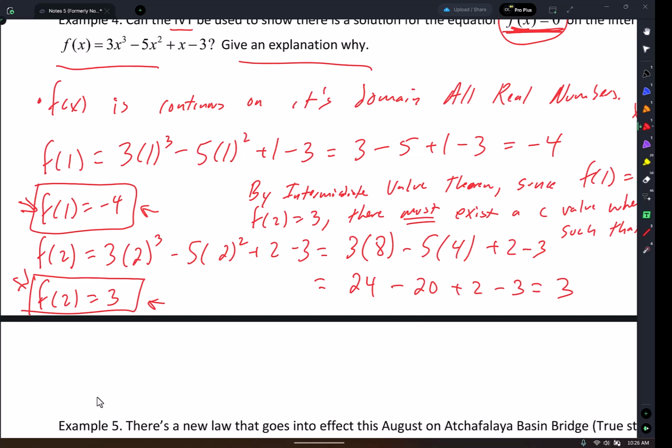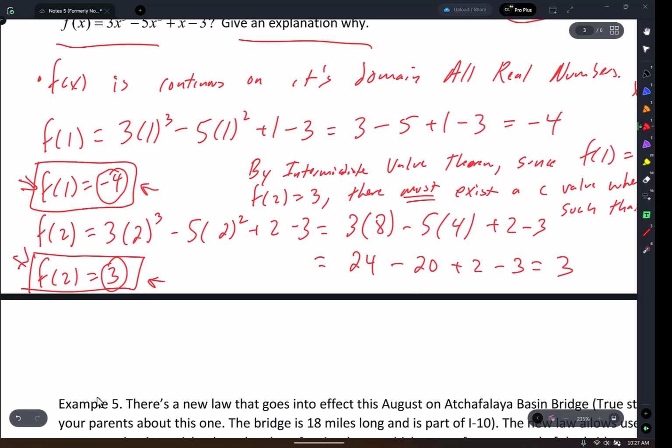Yes. What about f of x equals negative 1? Yes. What about f of x equals 2? Yes. What about f of x equals 5? No. Only the y values between negative 4 and 3. Maybe you hit 5, but we don't know that by this. Cool or not cool? Okay.